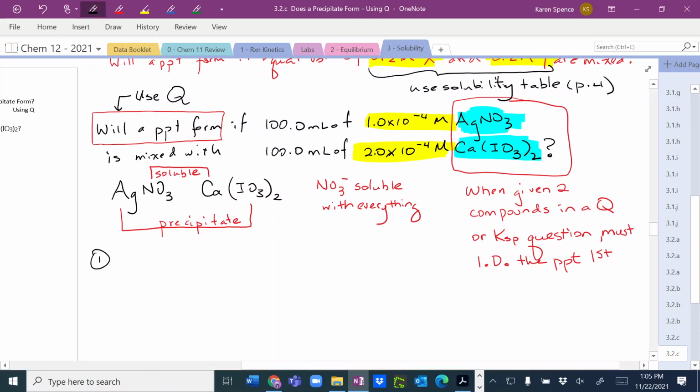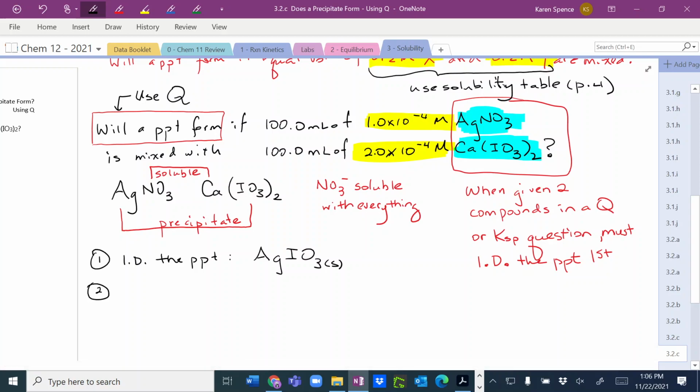So step number one is identify the precipitate, which is AgIO3. Second thing we can do, you can actually go a couple of different routes here.